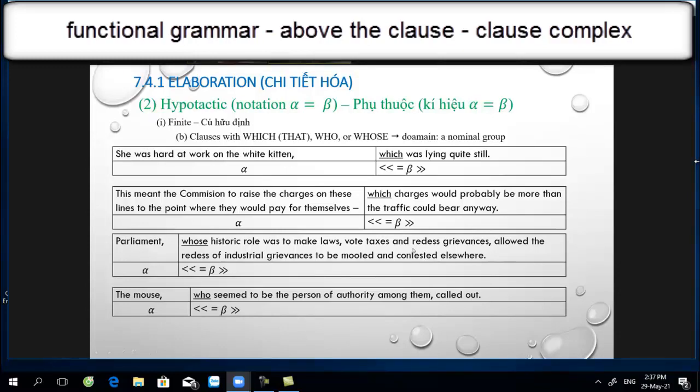I will call Miss Mai again. Thank you. Who's determined for Parliament? Okay, thank you. And the last example. Miss Tố.